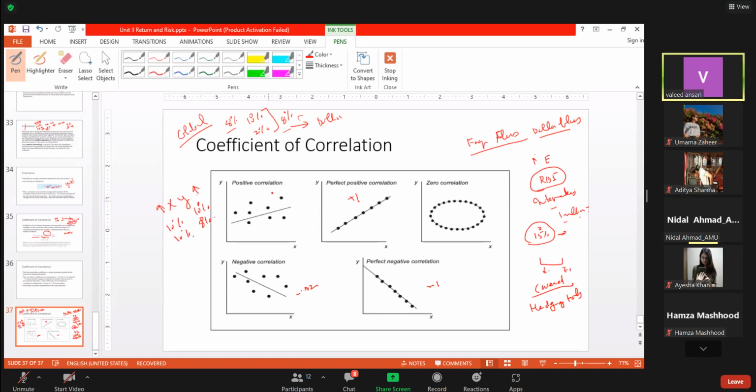If they are moving together, then if the stock market is up, you will gain, and if the stock market is down, both will go down the same way. So you need securities where, if the return is going down here, it is compensated there.